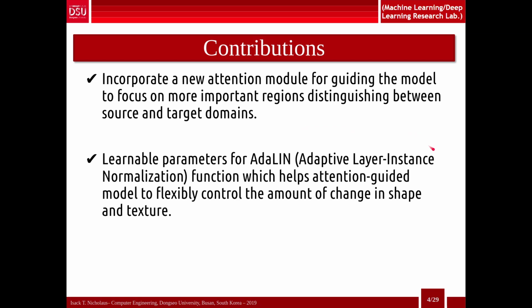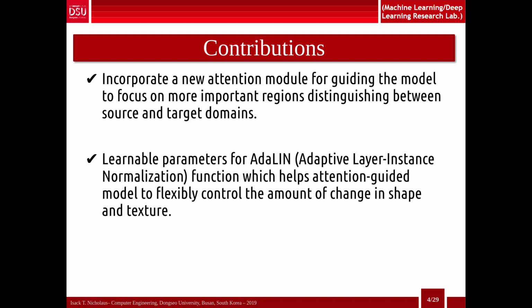And the second contribution is to use AdaLIN. AdaLIN is a combination of layer normalization as well as instance normalization. By using a learnable parameter, it can effectively work by learning where instance normalization is really needed or important to be used, or where instance normalization is better than layer normalization.